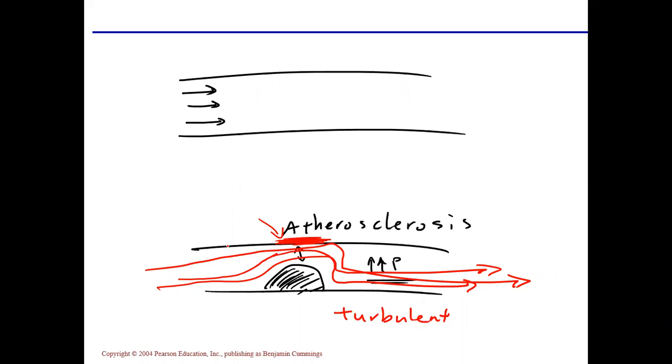So if this part is getting more fragile due to the hardening of the arteries and losing the elasticity and such, then at one point in time, as these plaques form more or as the blood flows through the area, it could burst. And we're not looking at the small capillary that could heal itself very quickly with the platelets.